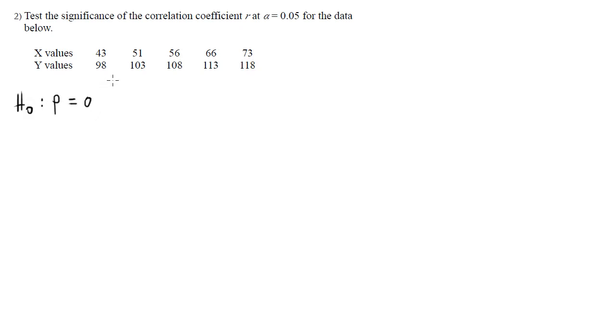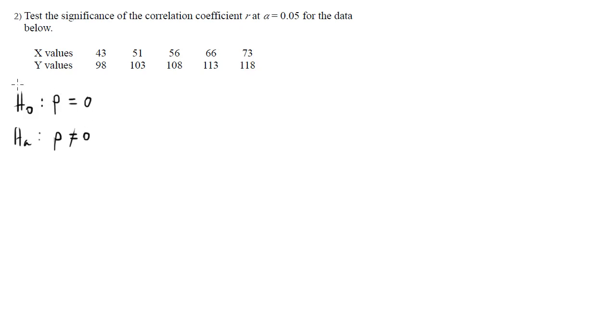That means there's no relationship, no significance between these two variables. The alternative hypothesis says that rho is not 0, which means there's some relationship. It could be a positive one, it could be a negative one, but there's some relationship. And we don't need to identify the claim because we're testing the significance.